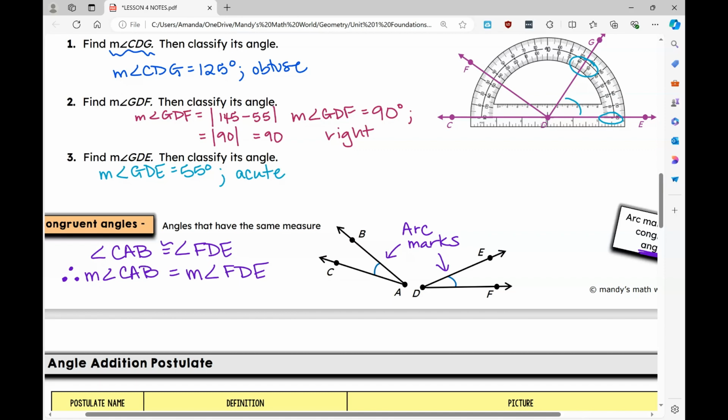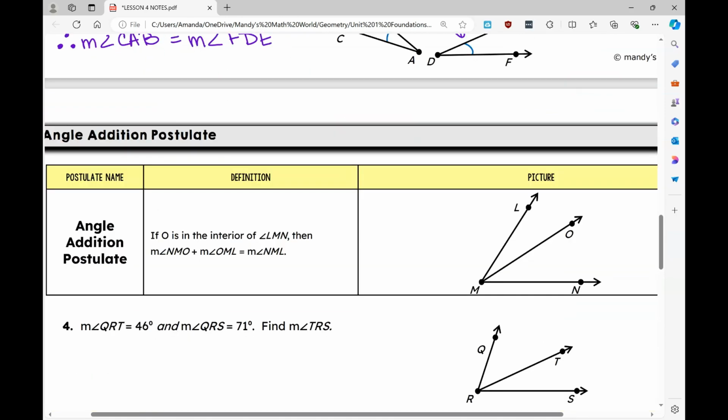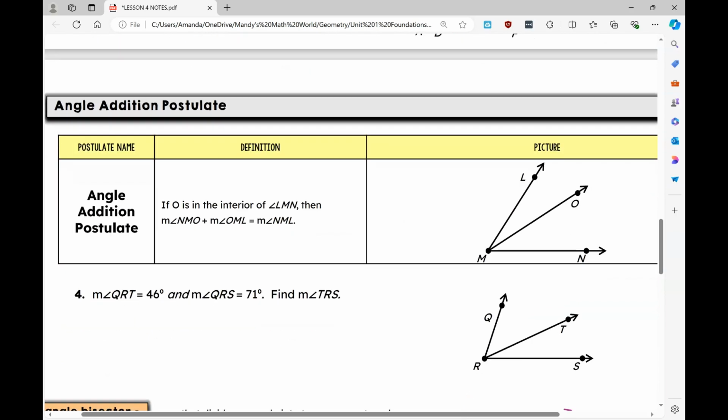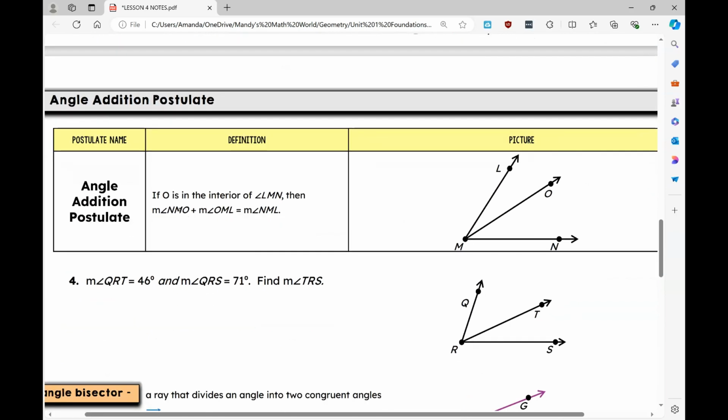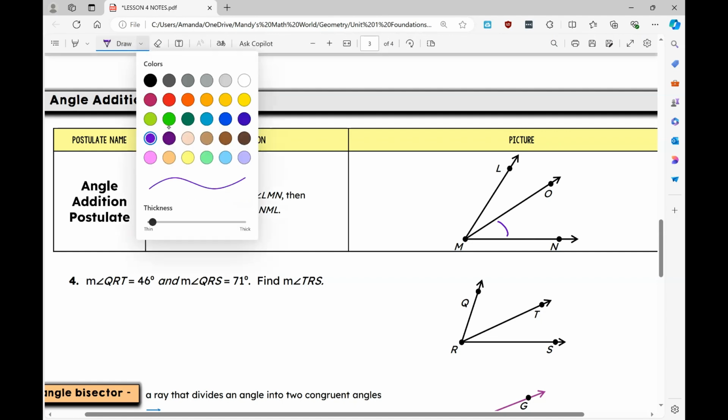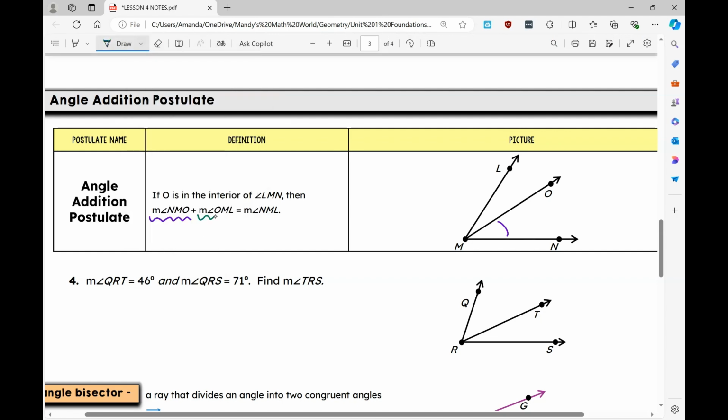Let's move on to the next section, the angle addition postulate. This next postulate states that if point O is in the interior of angle LMN, then the measure of angle NMO, this angle right here, plus the measure of angle OML, this angle right here, those two angle measures added together would equal the measure of angle NML, that entire thing, okay?